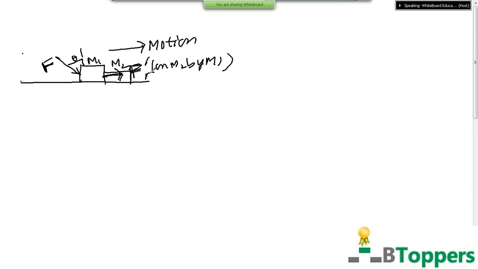According to Newton's third law, to every action there is always an equal and opposite reaction. Here action is the force on M2 by M1, which acts towards right. The magnitude of this force is denoted by F dash. The direction of the reaction will be opposite to the action, so the reaction will be to the left side.